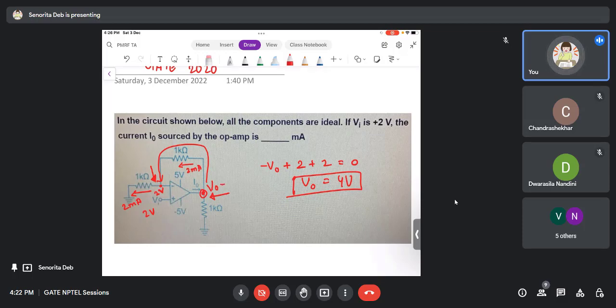So once V naught is 4 volts, what is the current here? 4 milliampere. Right? What is the current here?